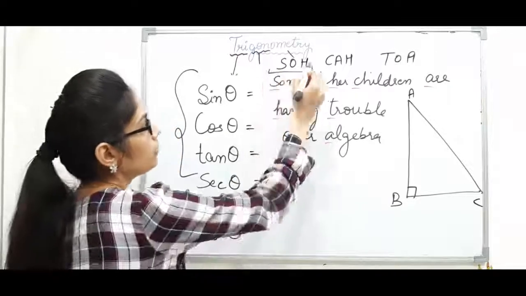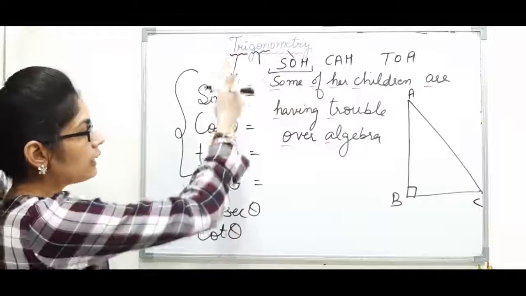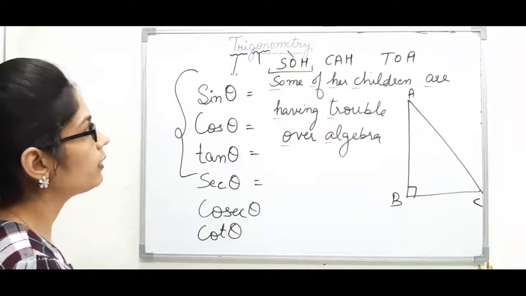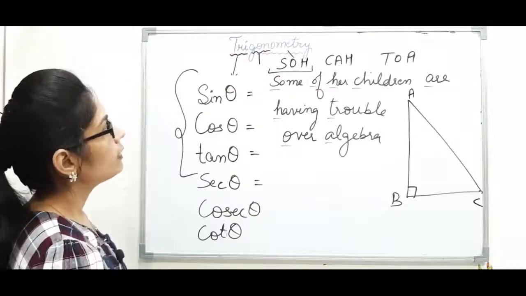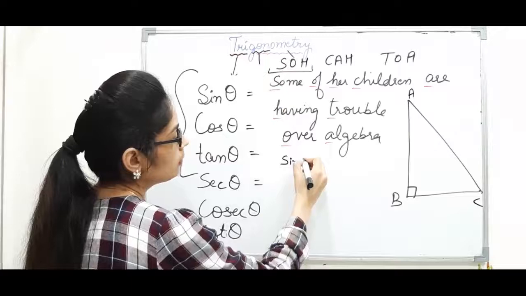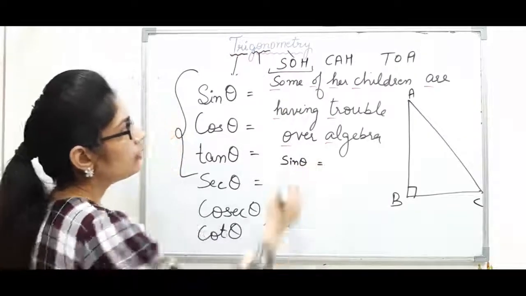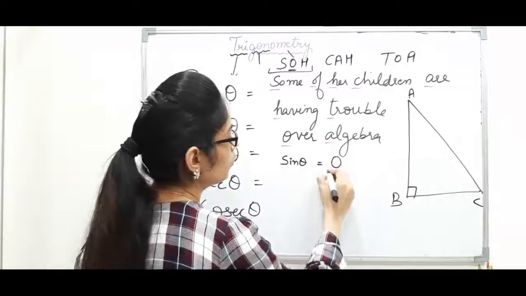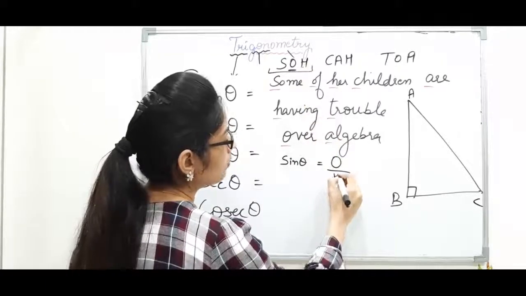So we'll start from here. I have already given you the names of all the 6 trigonometric ratios. The first 3 I will explain. S stands for sine theta, O means opposite, and H means hypotenuse.